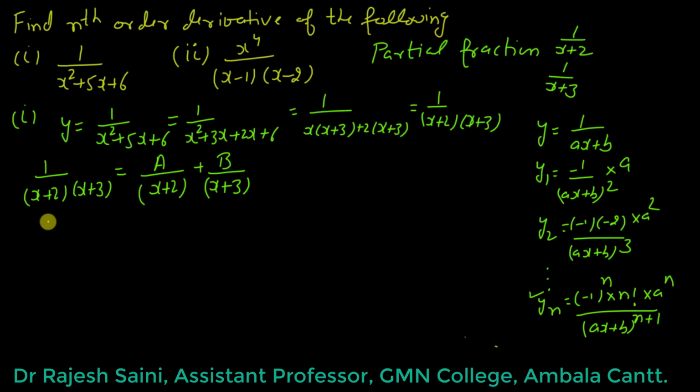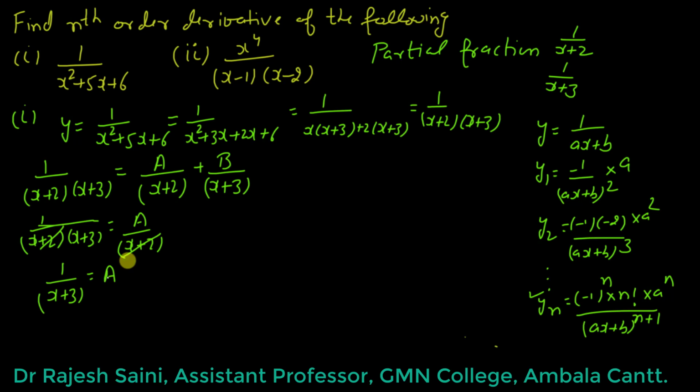Here you will compare 1 by x plus 2 into x plus 3 is equal to a into x plus 2. So this will cancel out. 1 by x plus 3 is equal to a.